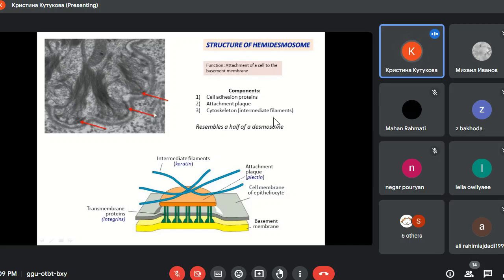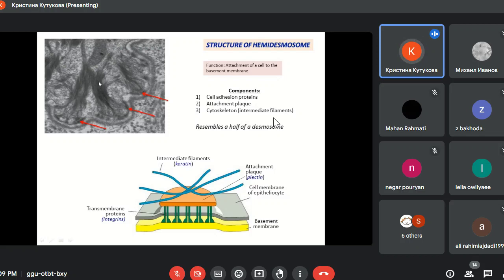Below the basement membrane, the connective tissue starts. So the basement membrane consists of lamina lucida, whitish line, lamina densa, dark gray line, and lamina reticularis with fibrils of collagen just below it. This is the cytoplasm of the cell.